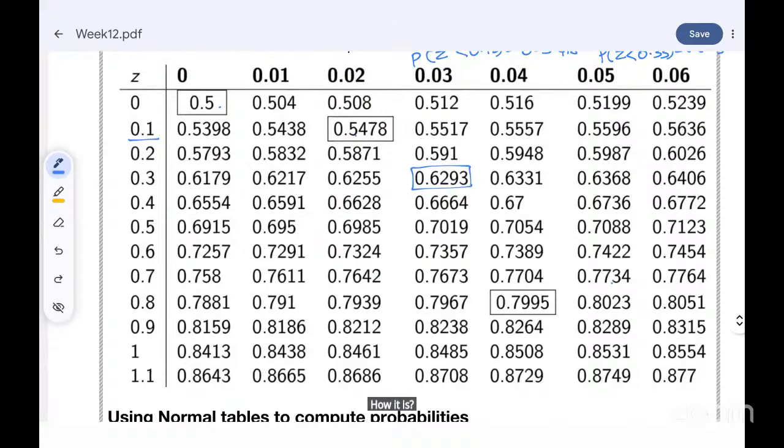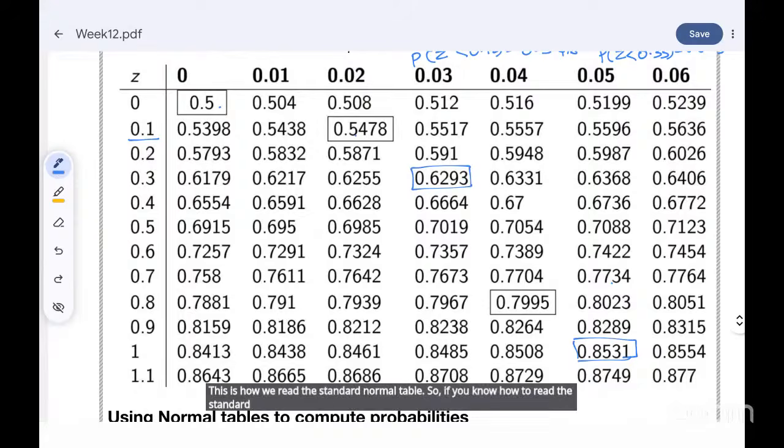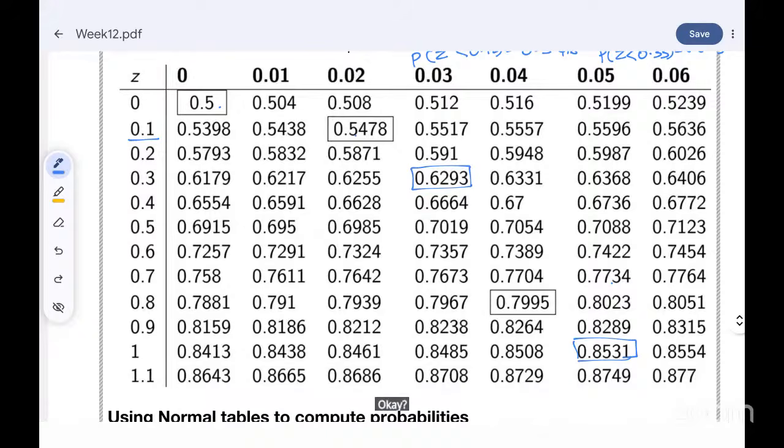I was not able to see the values 1 and 1.1. 1.05 is 0.8531. So this is how we read the standard normal table. If you know how to read the standard normal table, we can compute the values.